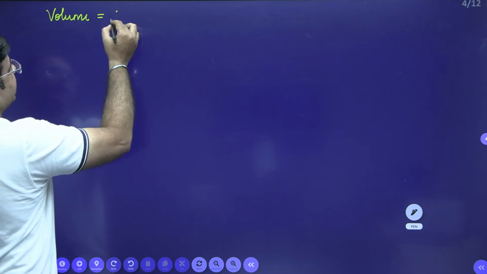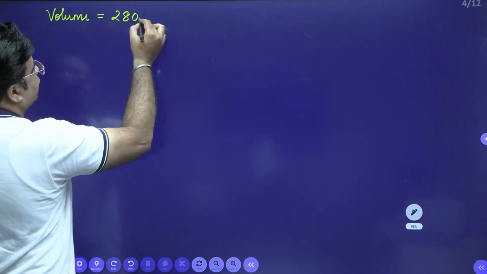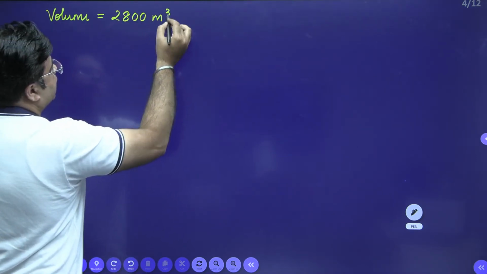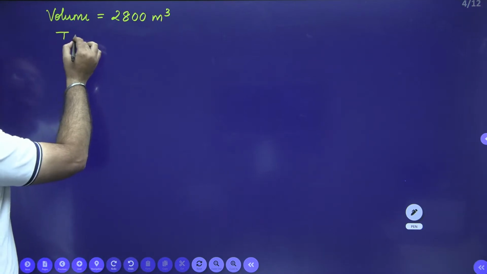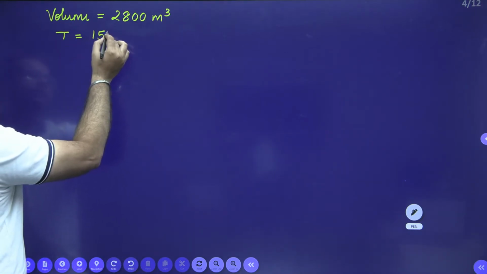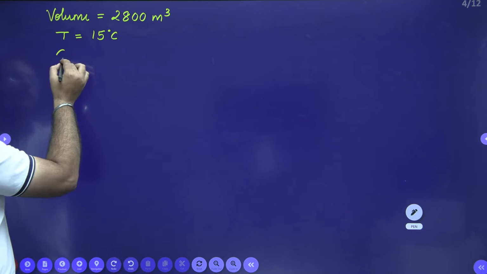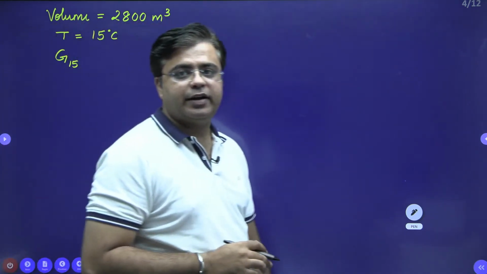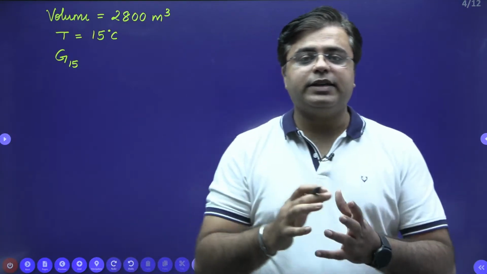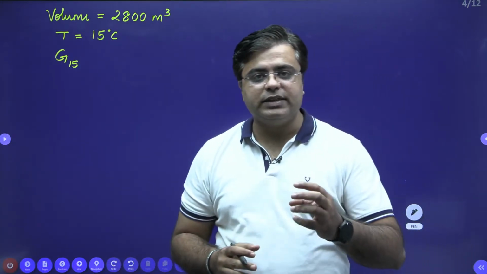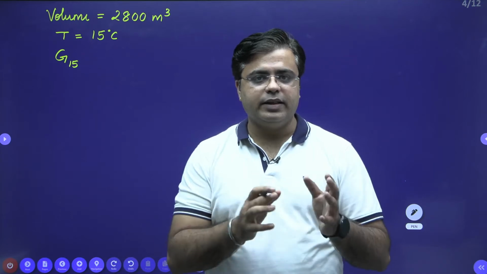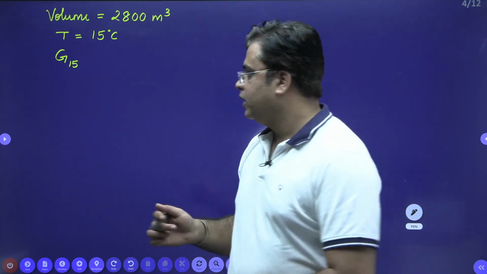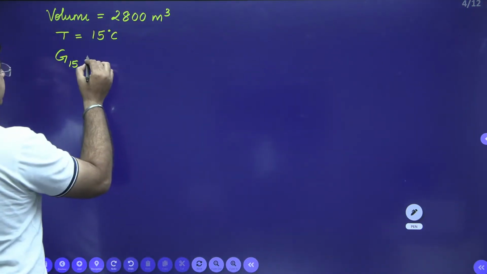Volume is 2800 meter cube, temperature is 15 degrees Celsius, and G at 15 degrees Celsius, the temporal mean velocity gradient, represents the intensity of mixing in the flocculation tank. G is given as 100 per second.